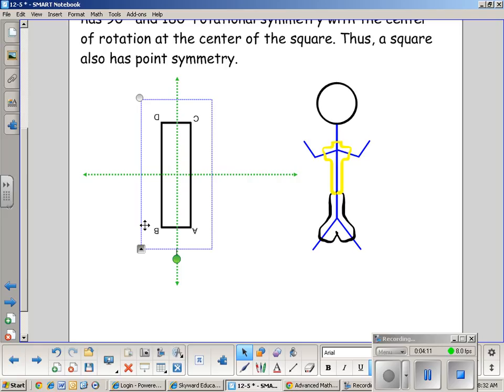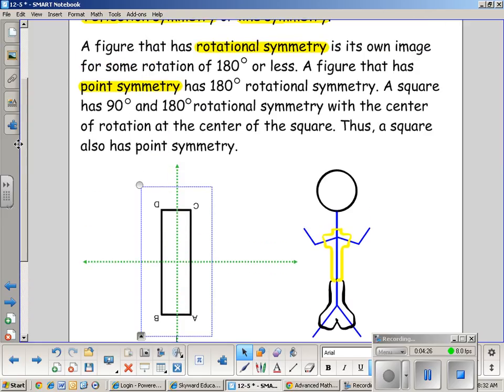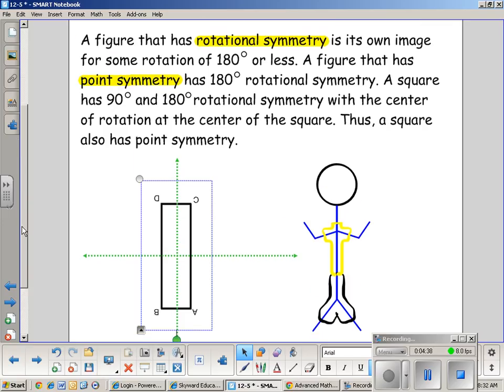And so that means it's rotational symmetry. What was my angle of rotation? 180. If it's 180, then it can be called what? Point symmetry. Okay, it has point symmetry if it rotates 180 degrees.